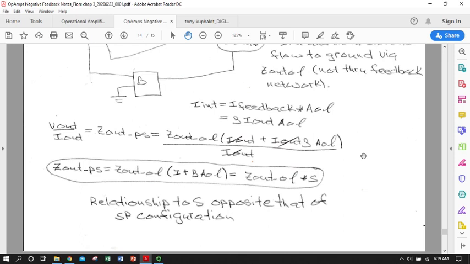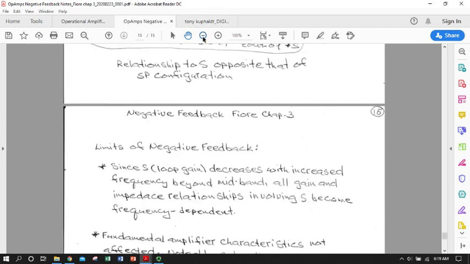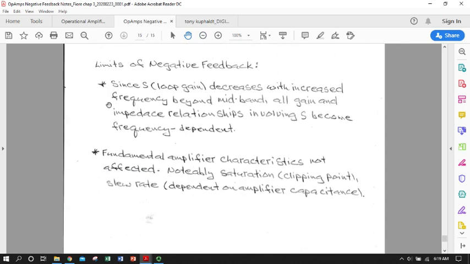And so negative feedback effectively gives us what we want, regardless of what kind of amplification we're going for. But we do have to bear in mind what type we want when we're designing the network. So do not use a parallel series feedback network if you're going for voltage gain. You'll be doing yourself a big disservice.